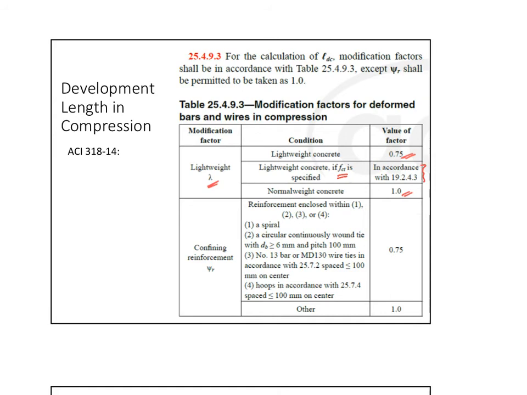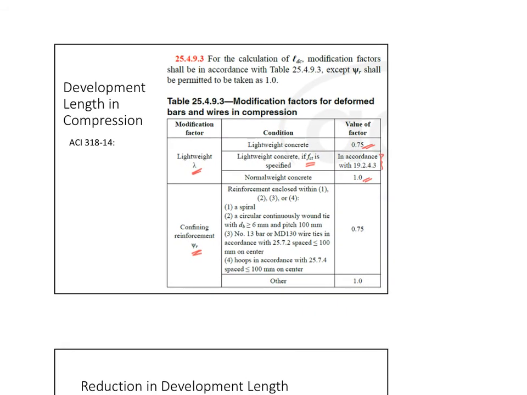The other one is the confining reinforcement. Why do we talk about confinement in compression members? Because confinement in compression members is very, very critical. What it does is actually make the compression member columns or ties very sturdy, much stronger.